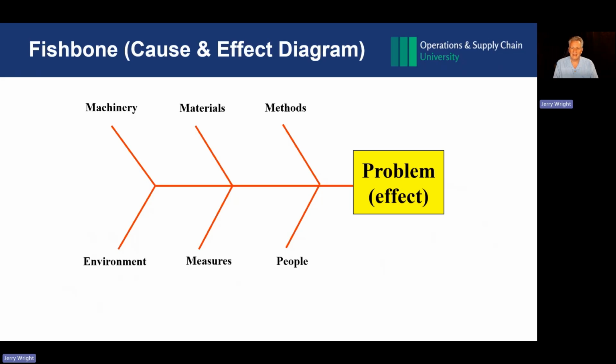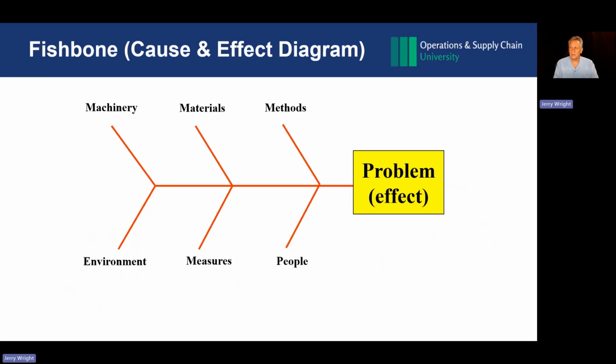But essentially, these categories are pretty common and fairly universal, and it just helps us get started with our fishbone diagram in an effective manner. Because a lot of times environment is not considered, or maybe even measures are not considered, and we really want to think more broadly to be careful about that.